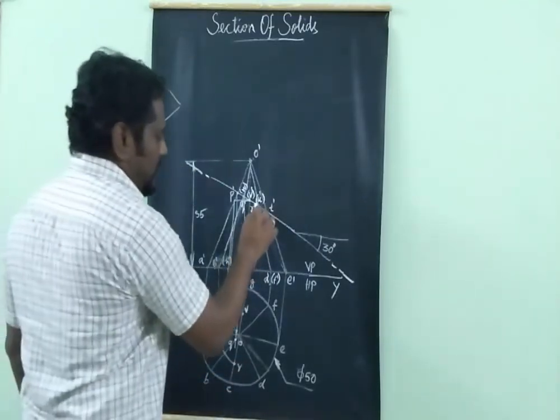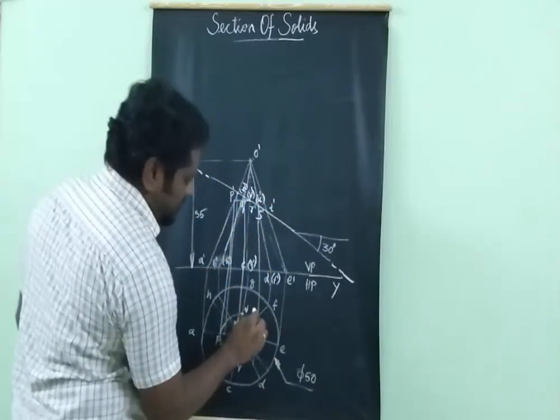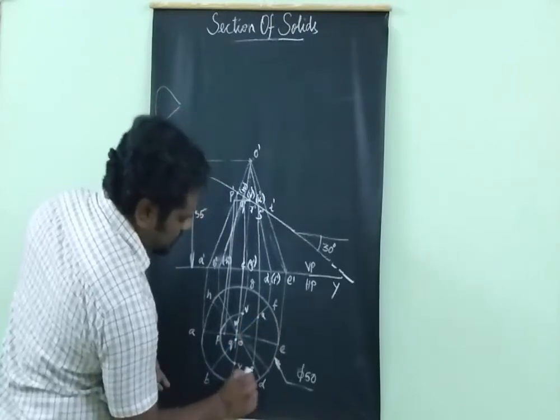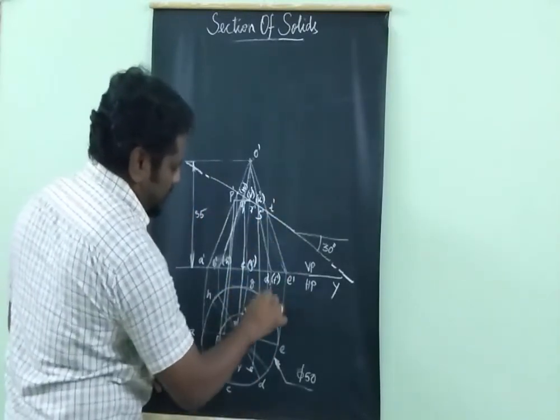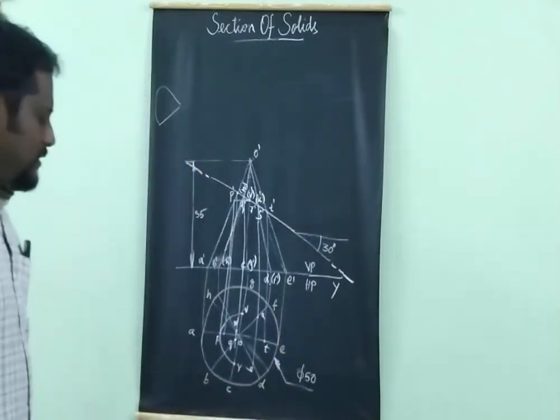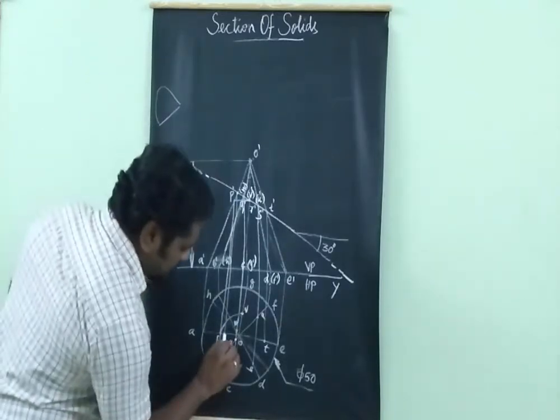Now this point has to be transferred. This point is point U, this is point S. Again this point has to be transferred. This is your point T. Right? Now you will have a proper ellipse like this.